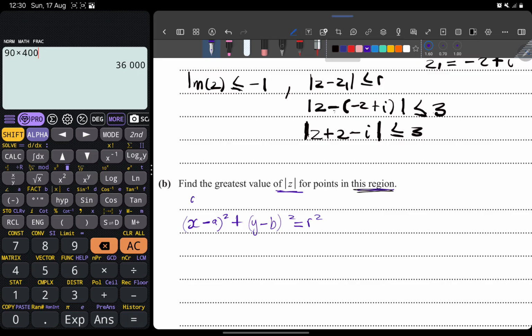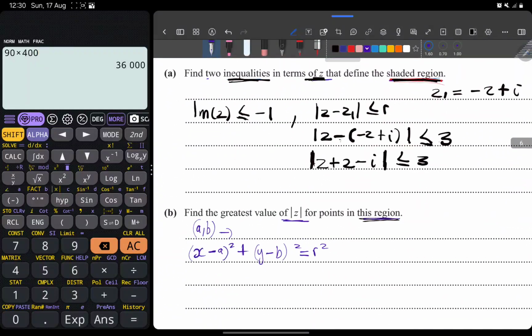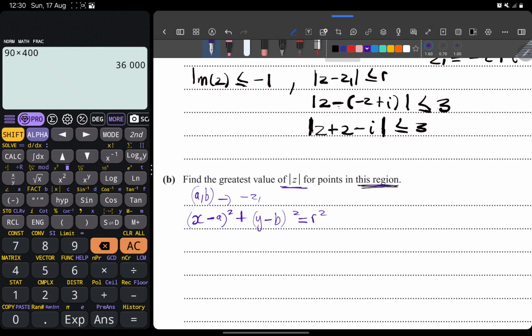Now what is our a, b? The coordinates are going to be negative 2, 1. Don't say, but we're in complex numbers. Yes, you are allowed to do this because it's the point where the two equations meet. And for the equations, we will use coordinate geometry because you want to make real equations to make them equal.